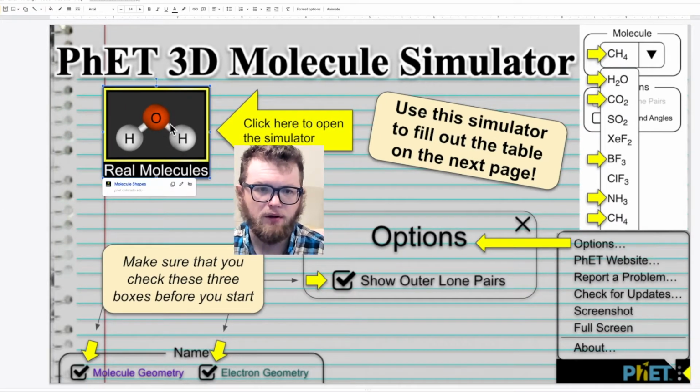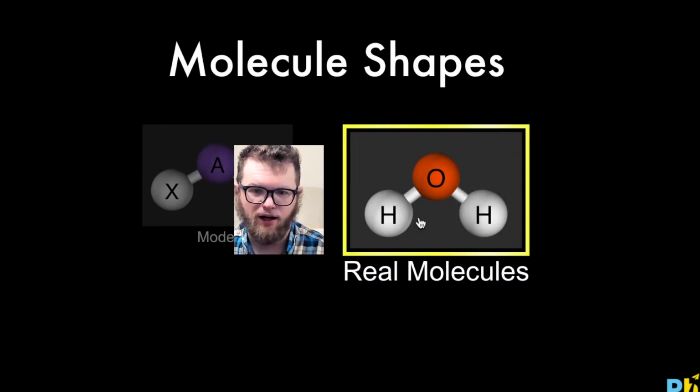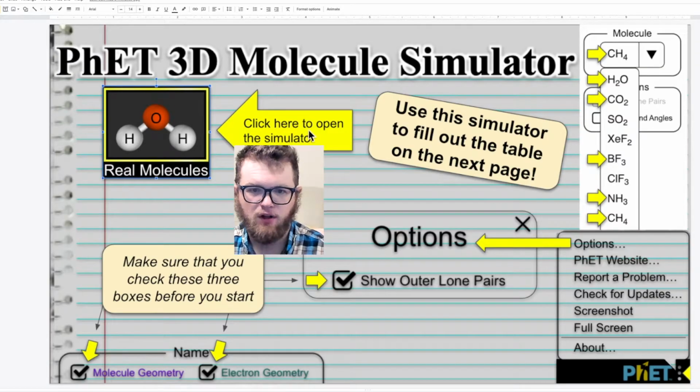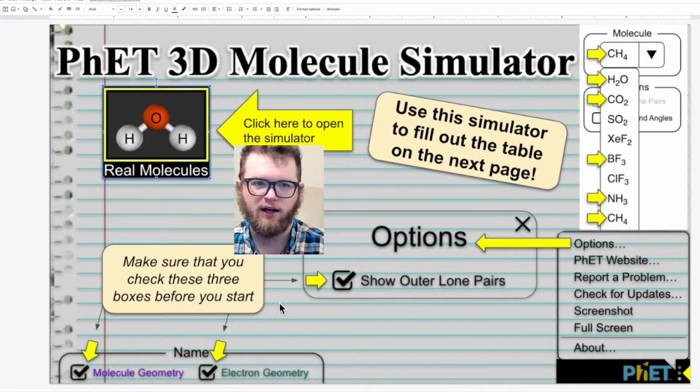And then it gives you this little molecule shapes link down here, and I want to click on real molecules. Okay. So it says make sure that you check these 3 checkboxes before you start. And what I'm going to want to do is have 2 windows open next to each other.